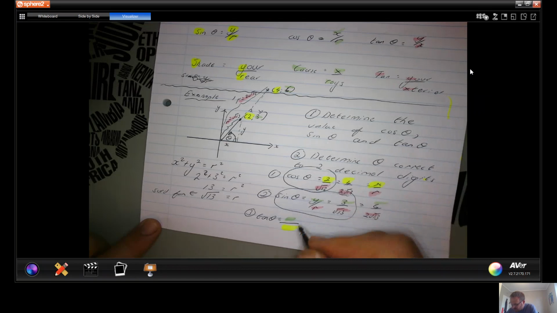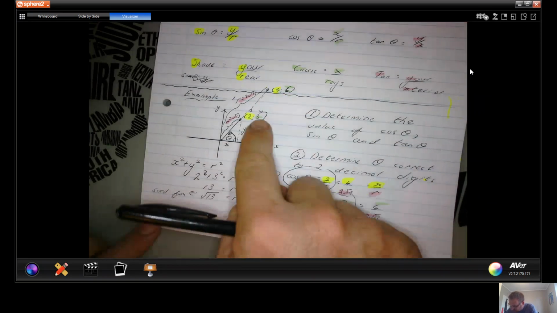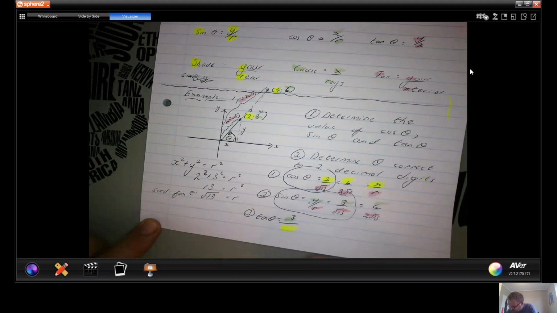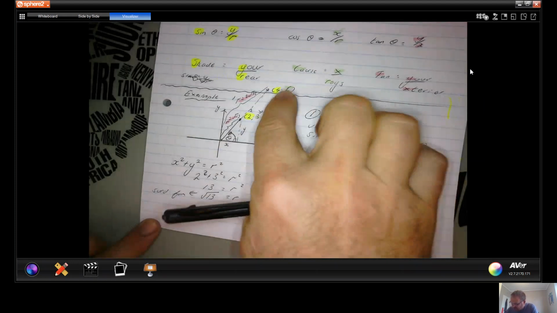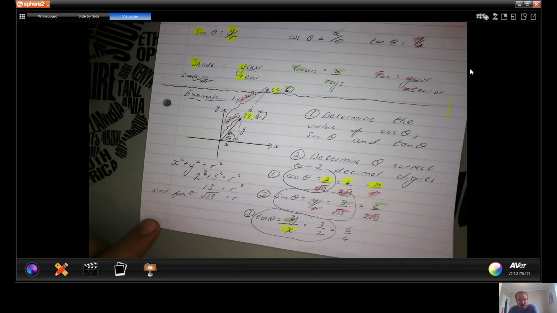If I use this one over here, the y coordinate is 3 and the x coordinate is 2. If I use this one over here, it's 6 over 4, which is the same thing. So tan theta is equal to 3 over 2. For this diagram, cos theta is 2 over root 13, sin theta is 3 over root 13, and tan theta is equal to 3 over 2.